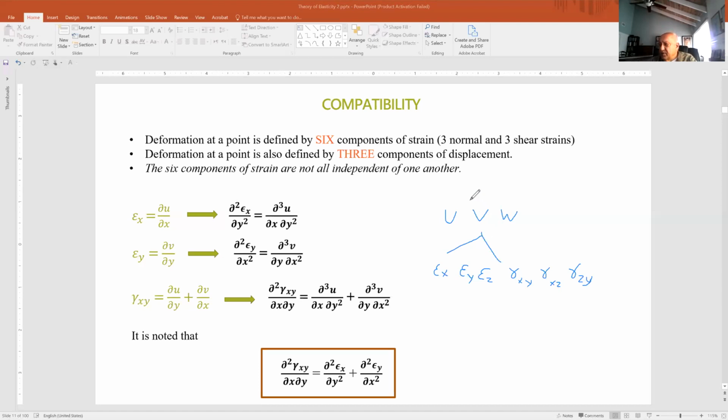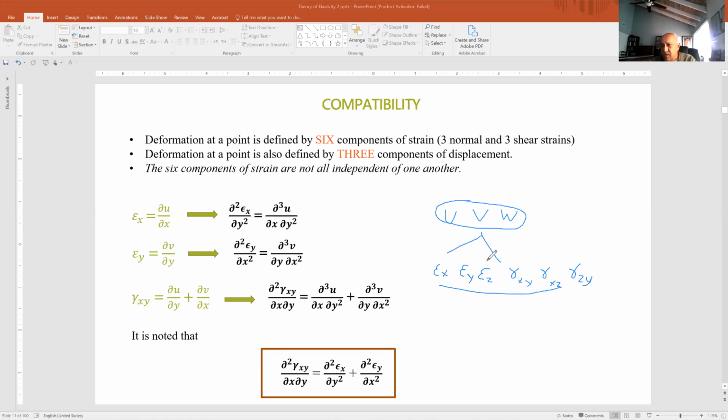Therefore, from three expressions for u, v and w, we came up with 6 expressions for epsilon x, epsilon y, epsilon z, gamma xy, gamma xz, gamma yz. All of these strains would not be independently formulated in terms of the displacement. So there should be some relationship between these strains in terms of the displacement.